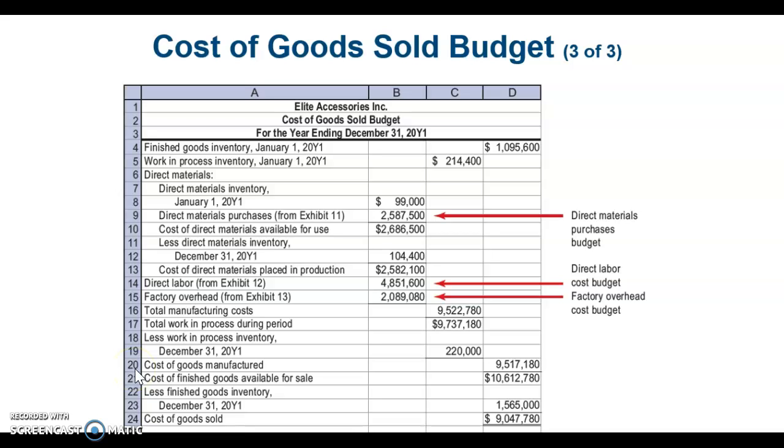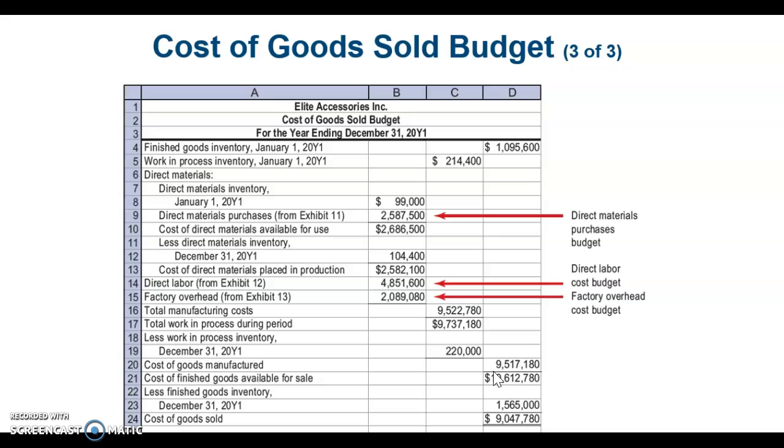This is what you expect to see. You start with the beginning work in process plus your direct materials used, your direct labor, and your factory overhead, minus your ending work in process. That will get you to your cost of goods manufactured.